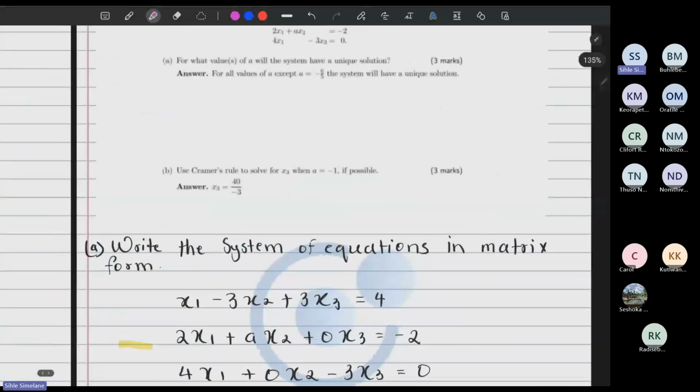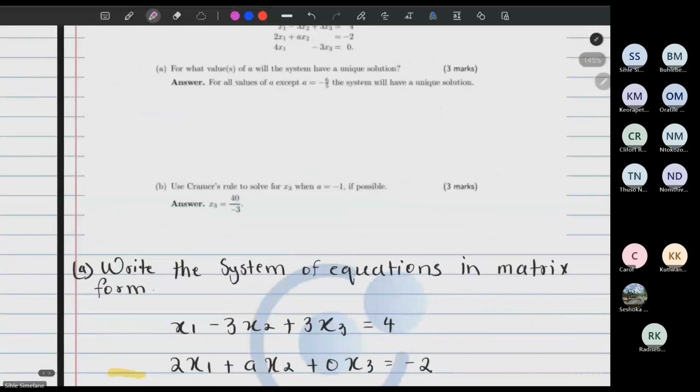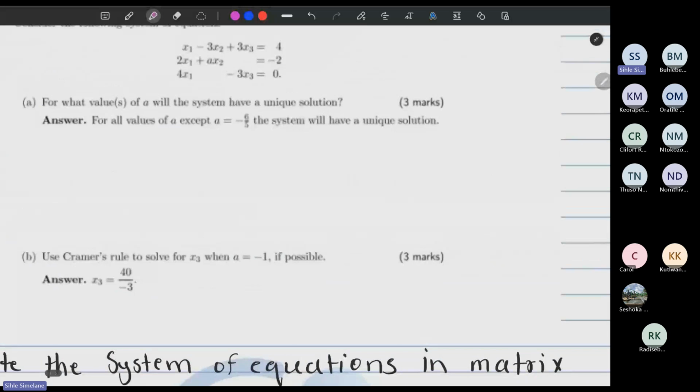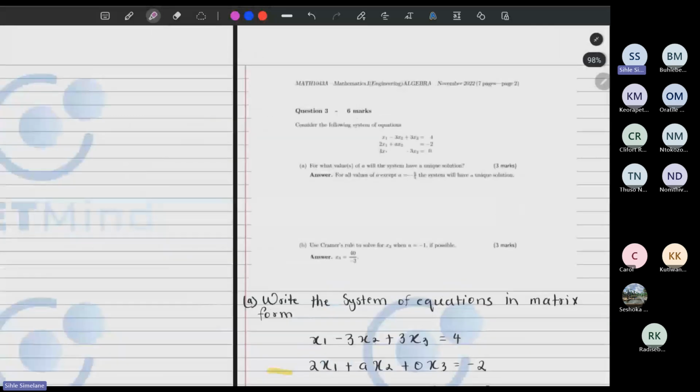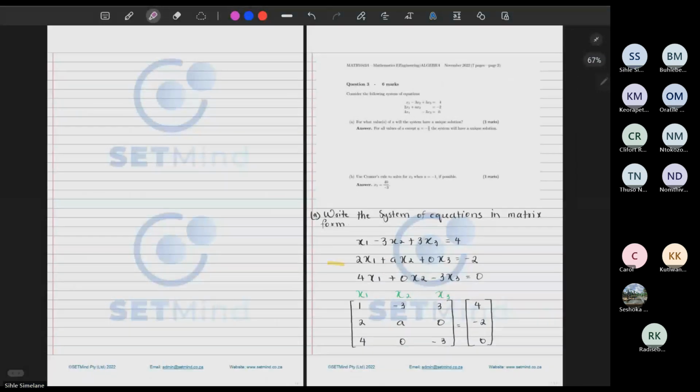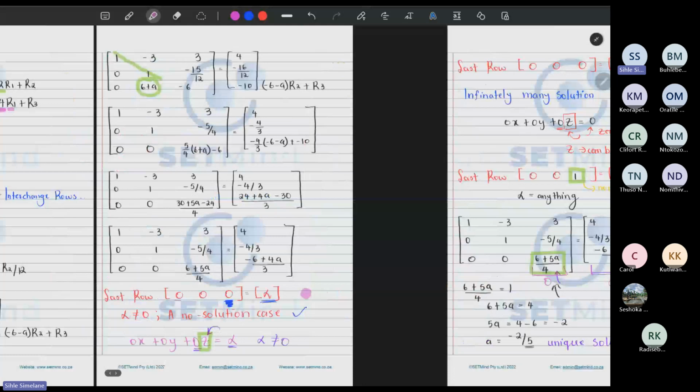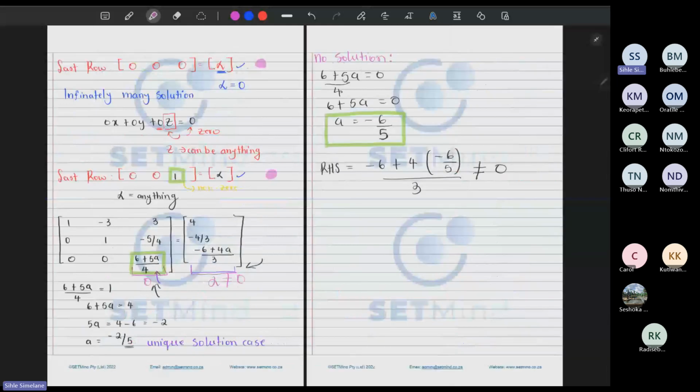They're saying the answer is for all values except that. So let's come here and think carefully about what is going on. There's our negative 6/5. So let's think of what they did there. Do we have anyone who has a question?